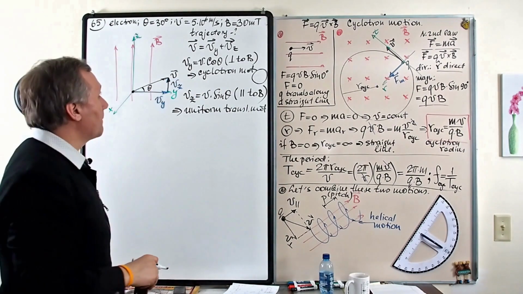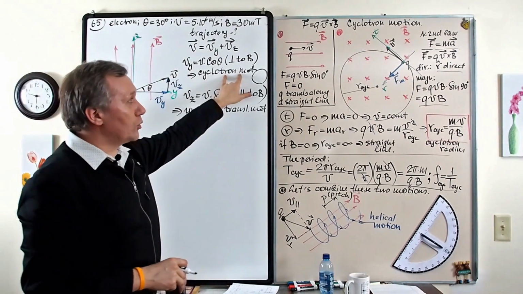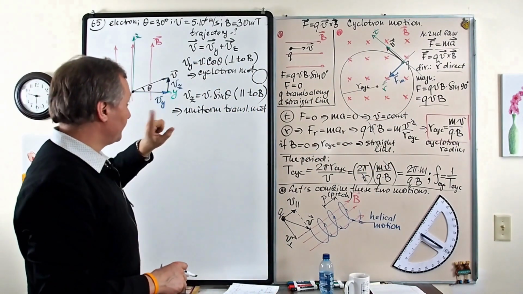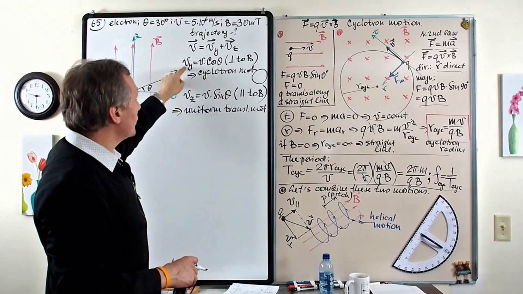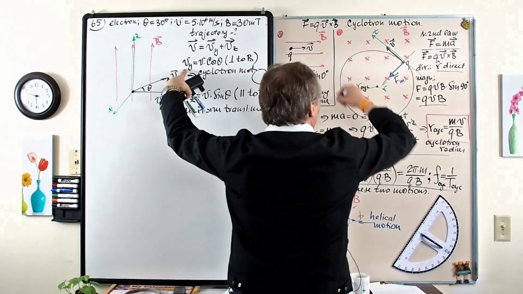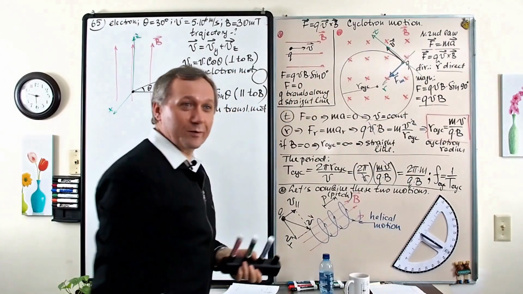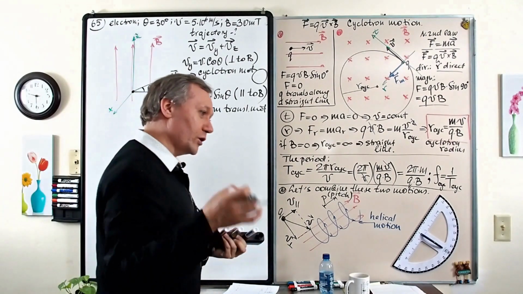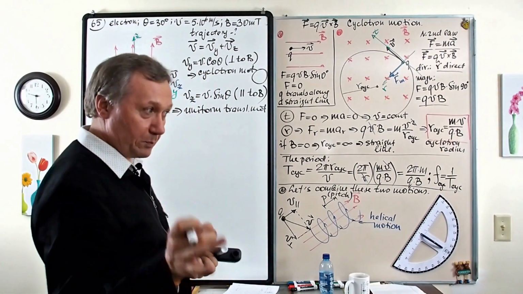And this cyclotron motion, you remember, it's a uniform circular motion. So it means the particle is going to circle with this velocity v sub y. So it's a uniform circular motion along the circle with a constant speed, right?